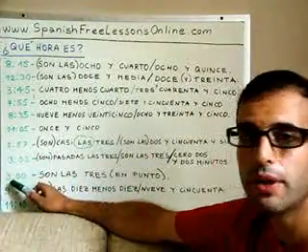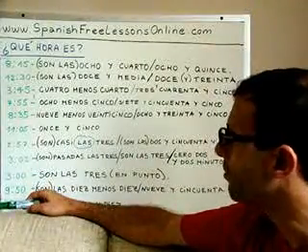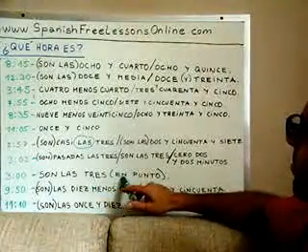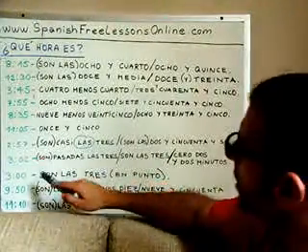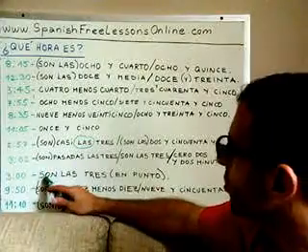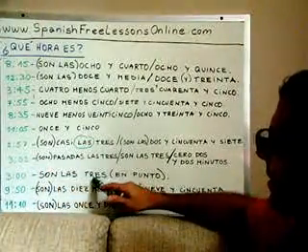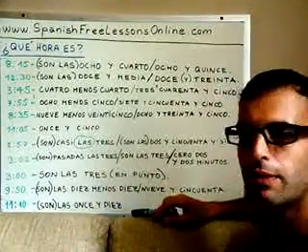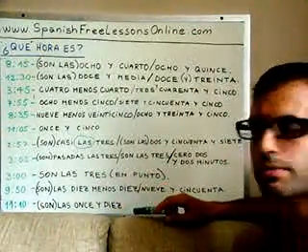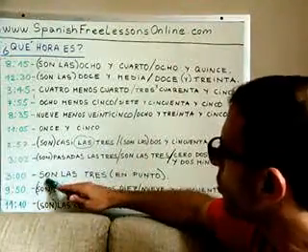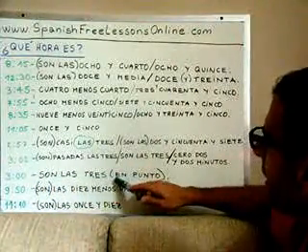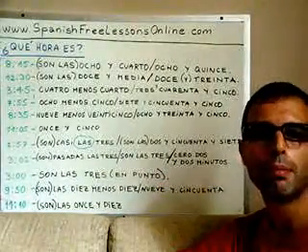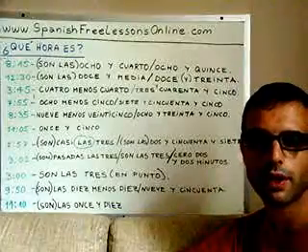Here it's 3 o'clock sharp, right? So if you want to specify that's sharp 3 o'clock, you would specify saying en punto. So you would say son las 3 en punto. This means it's sharp 3 o'clock. The word punto means point or dot, right?